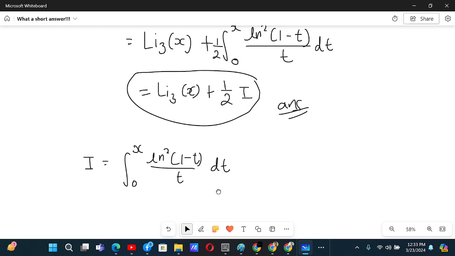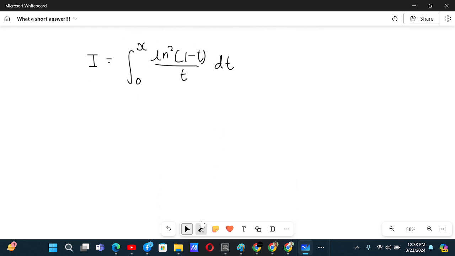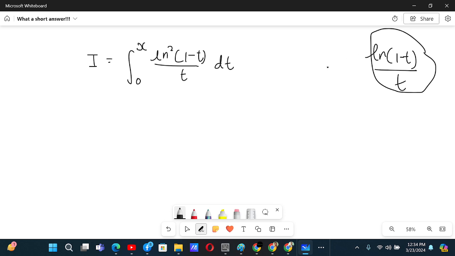Now how do we deal with this? First thing will be to use integration by parts, because we know that the ln 1 minus t by t can be integrated. So we separate this from ln 1 minus t and we try to use integration by parts. So we will have I equals to basically ln of 1 minus t will be alone, and then we will have minus Li2 of t.